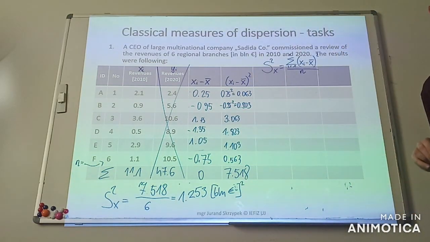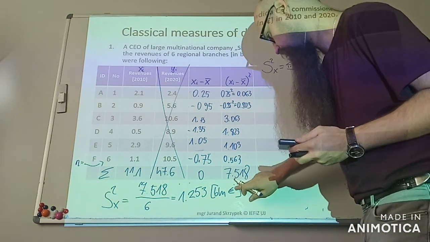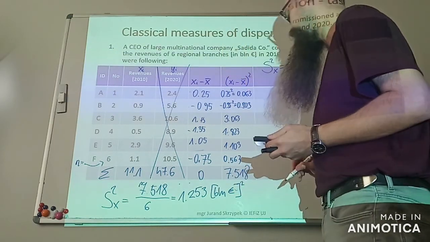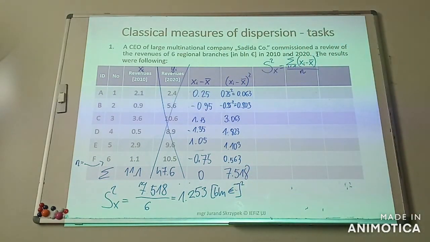This is the correct notation of the unit of variance: billion euros squared.